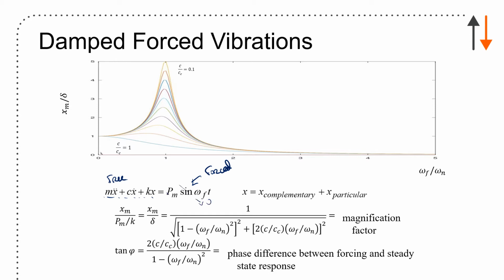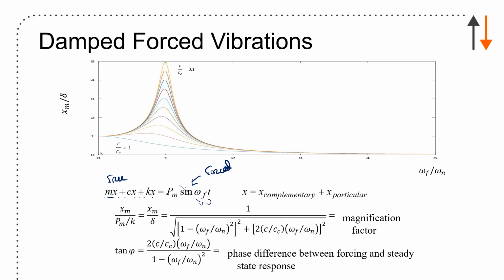Now, if you look at what's happening here, you can say you have xm over the forcing amplitude divided by k, which is kind of the displacement of a spring, xm over delta, and you have something called the magnification factor, 1 minus the frequency that you're driving the system at over omega n.